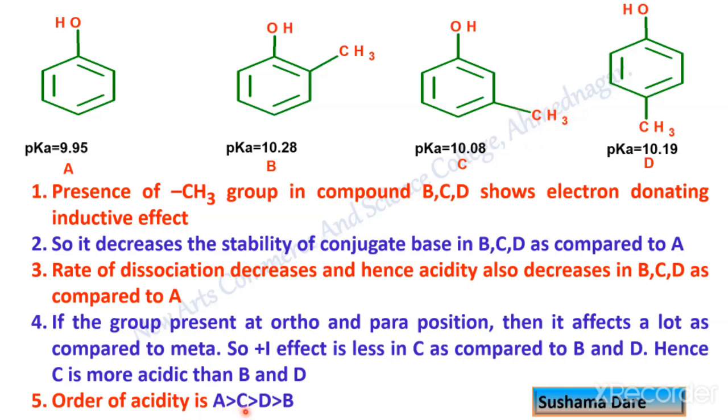So that's why C is the next more acidic compound. In the case of B and D, the inductive effect depends on distance. In D, the electron donating inductive effect is less. Therefore, the conjugate base of D is more stable as compared to B, and because of that, D is more acidic as compared to B.